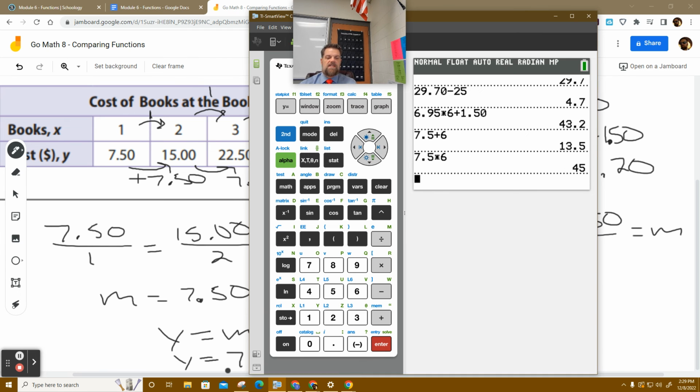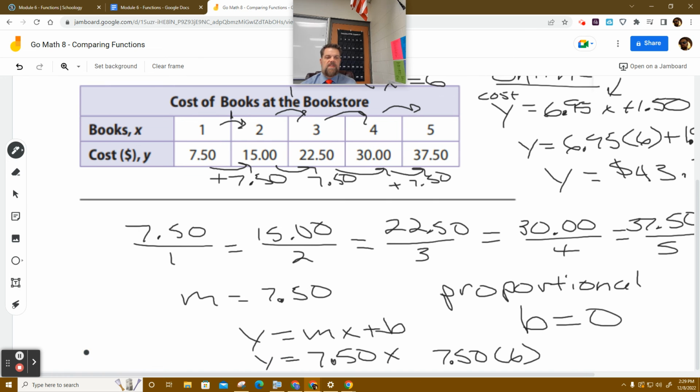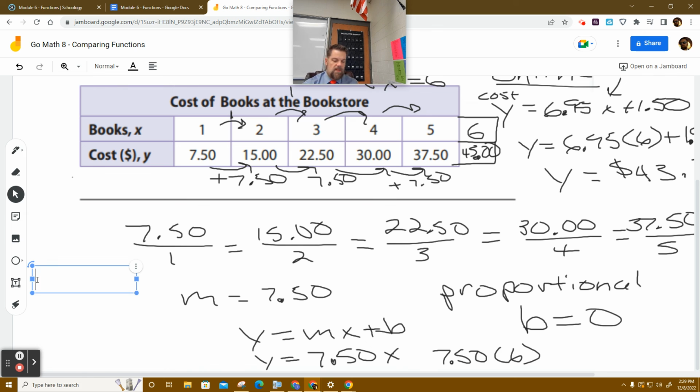So that means for 6 books, it'll cost $45. What's the better buy? We'll type it over here. Online is cheaper.